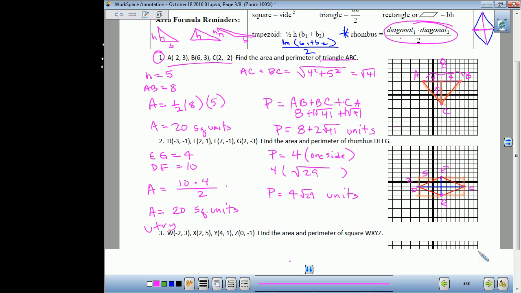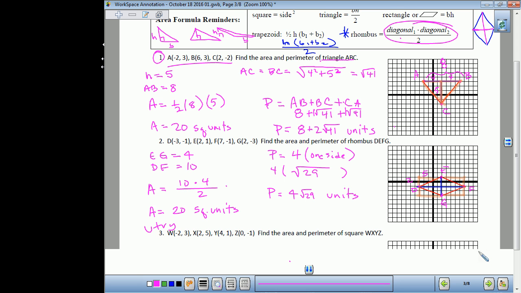What'd you get for the area? The square says all the sides are the same.